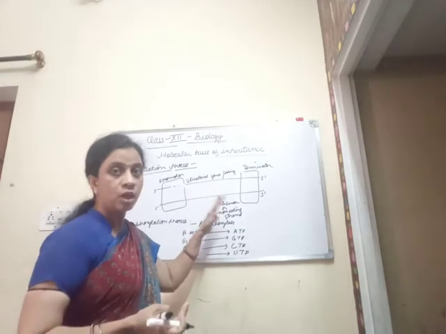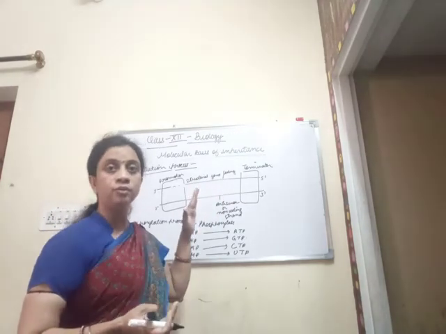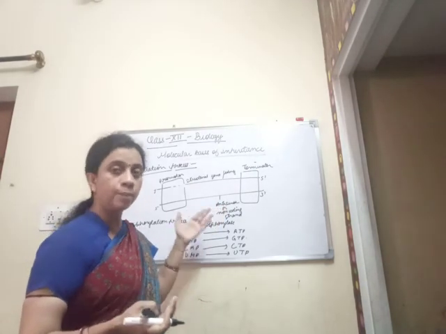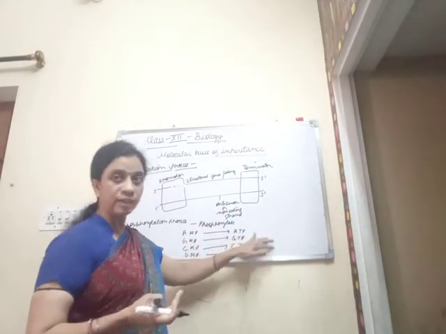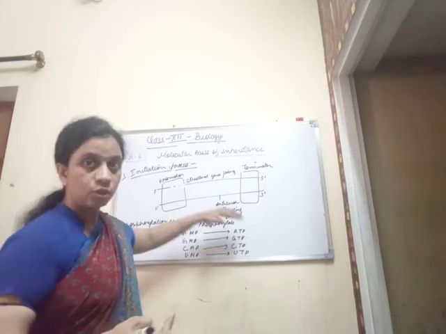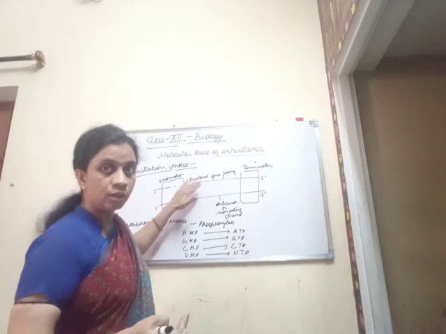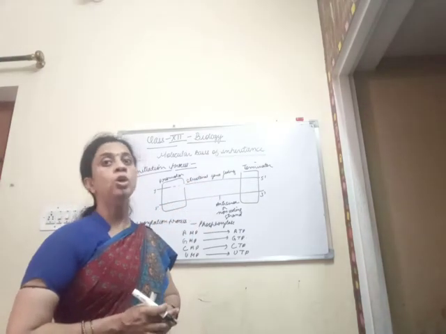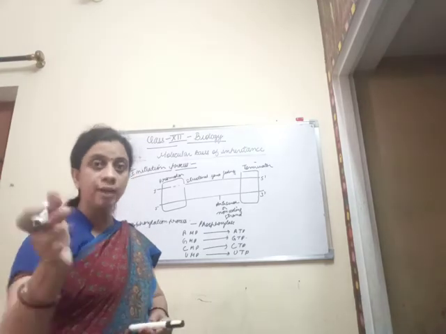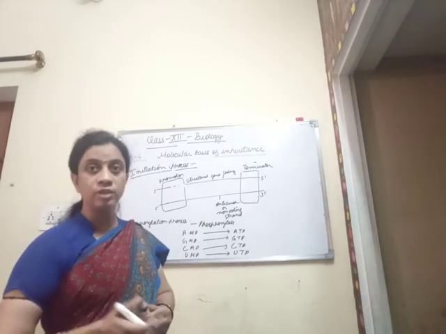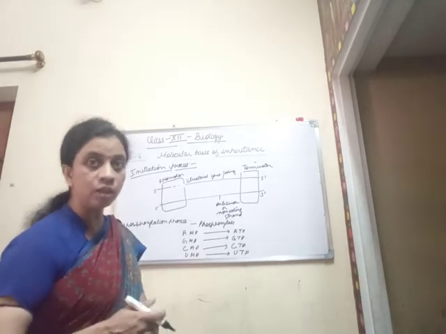So according to the principle of complementarity, these ribonucleoside triphosphates get attached to the nitrogenous bases that have been exposed in the karyoplasm. Clear? And that happens according to the rules given by Watson and Crick in their double helical structure.